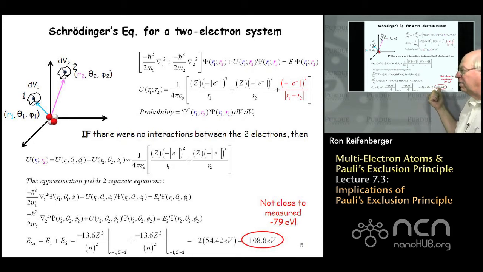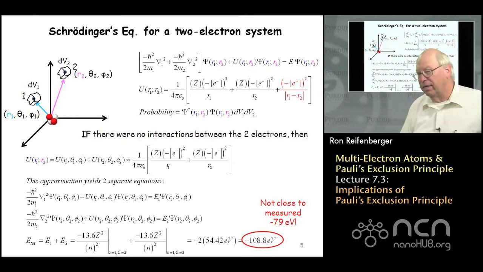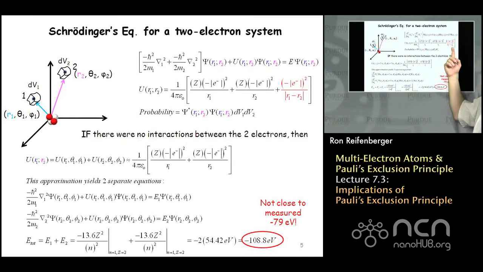So this minus 108.8 electron volts should be compared to the minus 79 electron volts that you get from experiment. And what you can see is that there's no comparison between the two. There's a substantial error. And that substantial error just indicates that this term is actually very important in solving Schrödinger's equation. Okay? So that's the argument that this term has to be included somehow.